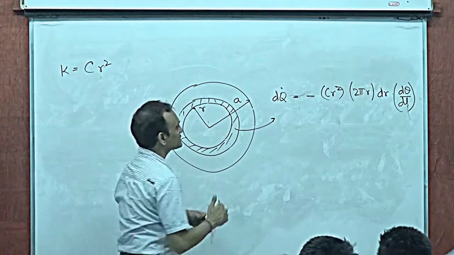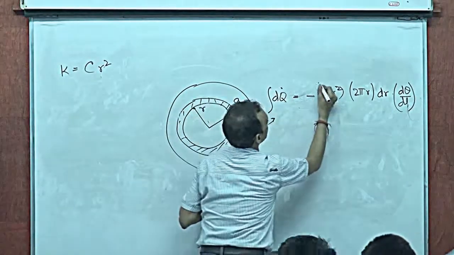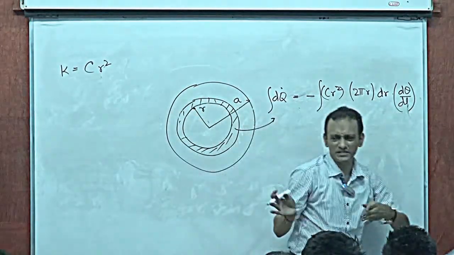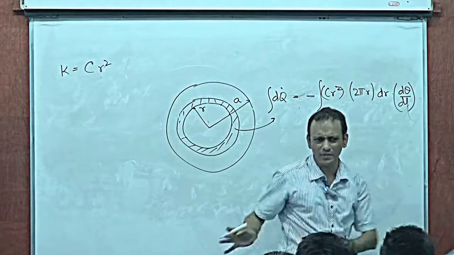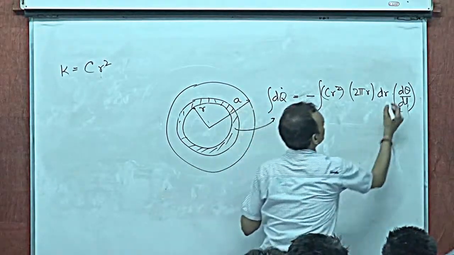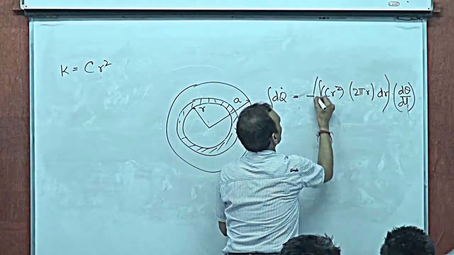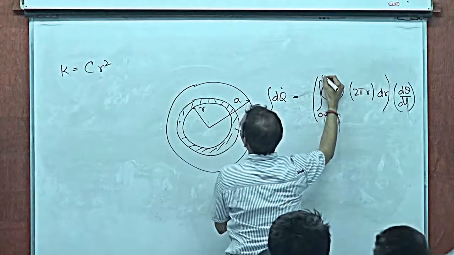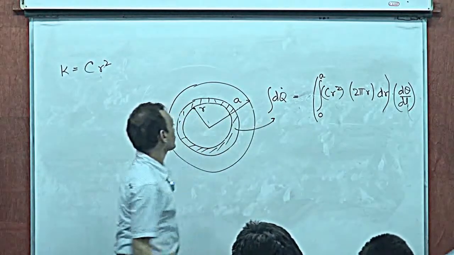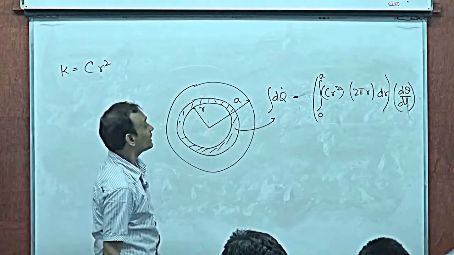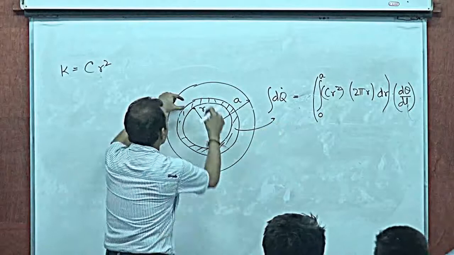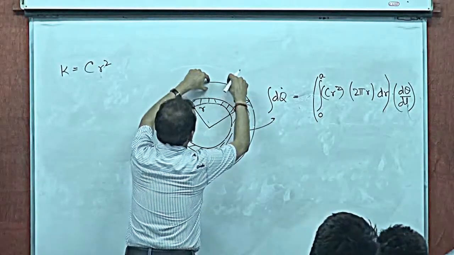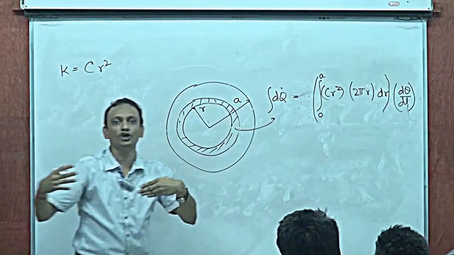Now when I integrate this, d theta dl, the temperature gradient, will come out of the integral sign. r varies from 0 to, let's say, A. The sum of all the dQ dots, in any given cross section, dQ dot through this, dQ dot through this, will give me the total heat current through the cross section.